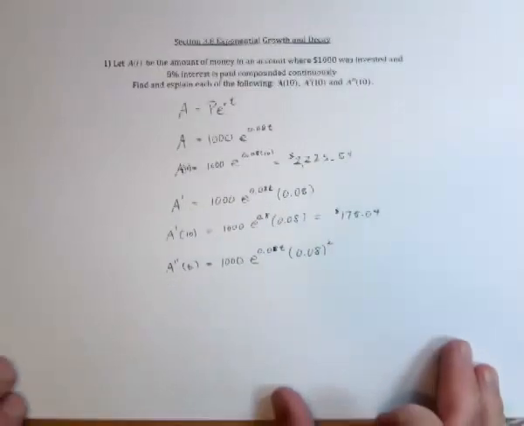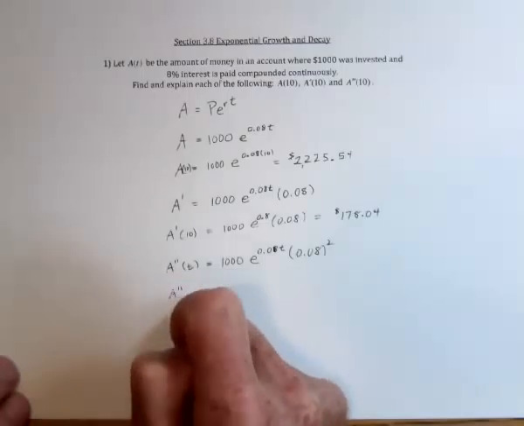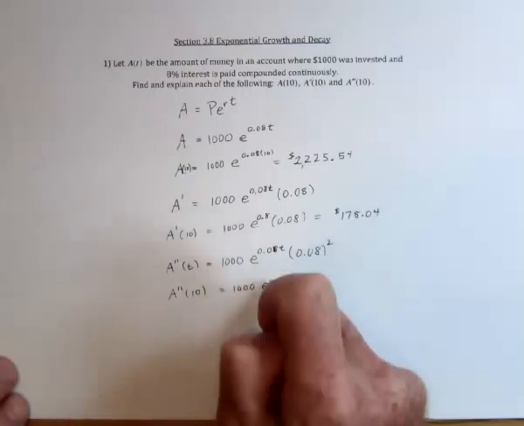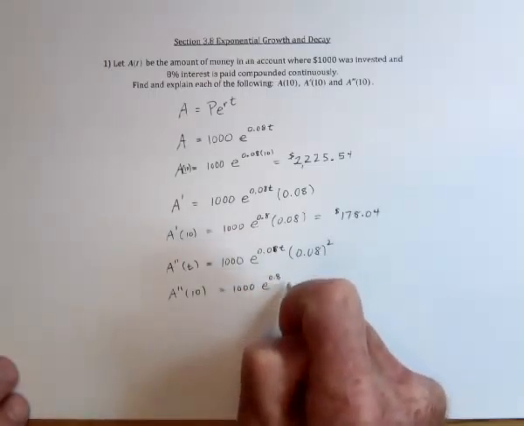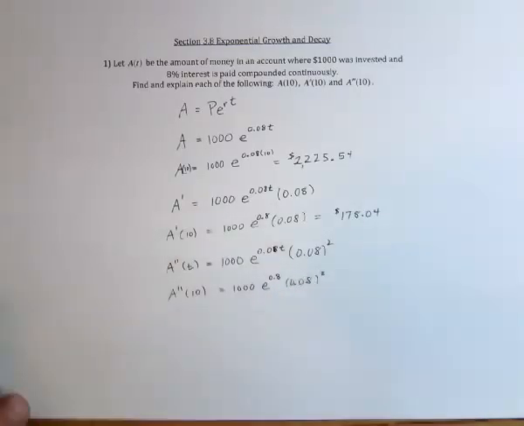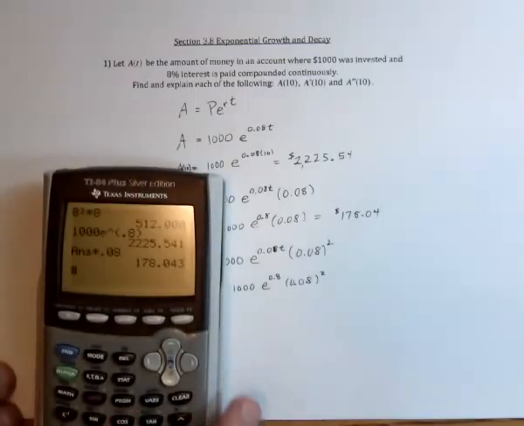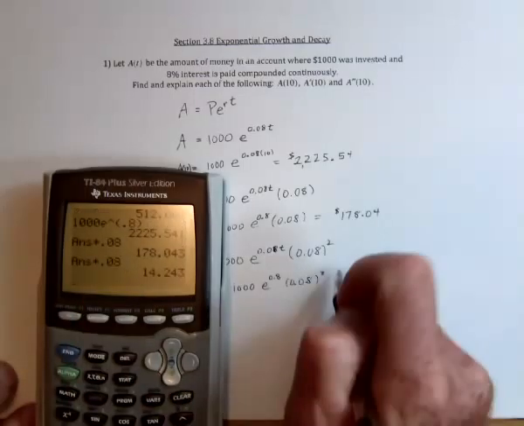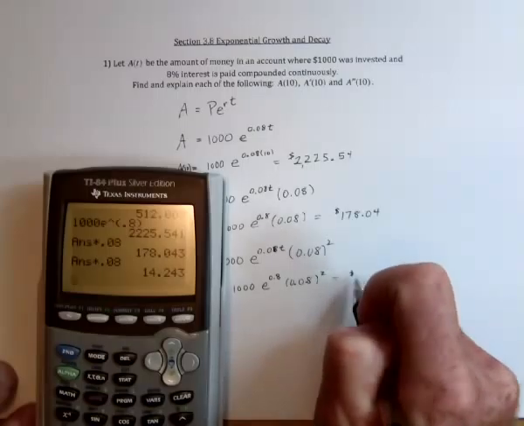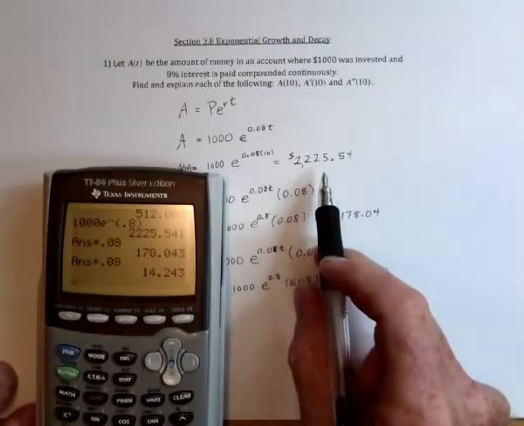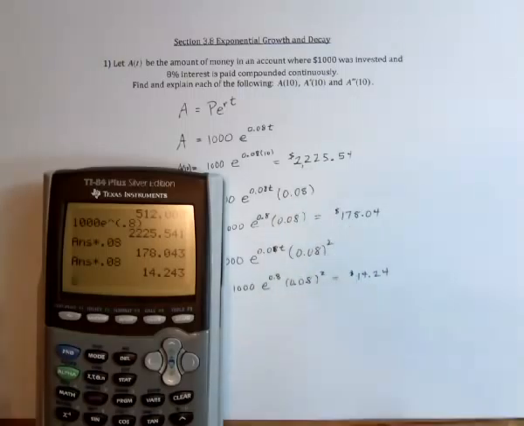And then substitute in a 10, and we're about done. So the second derivative is going to be 1,000, and then e to the 0.08 t, multiplied by the 0.08 twice. Which then means take that last answer, which was only multiplied by 0.08 once, and multiply by 0.08 again. So we go from a little over $2,000 to 178 to 14.